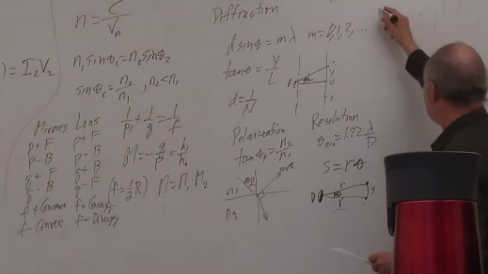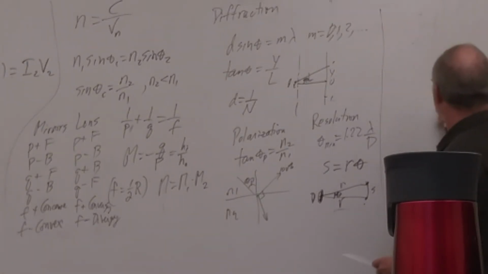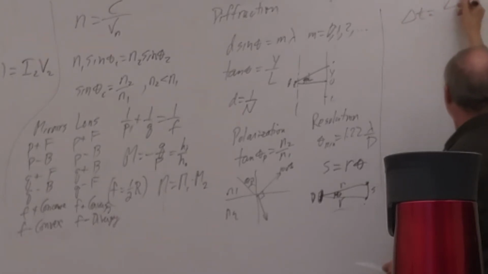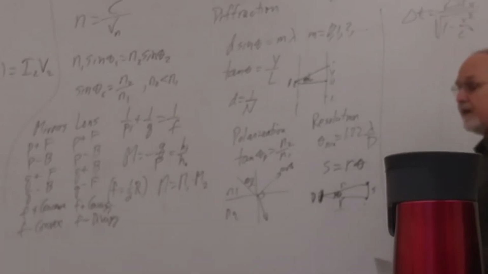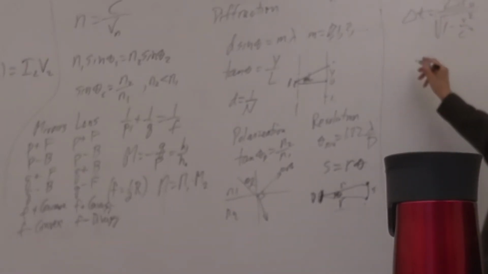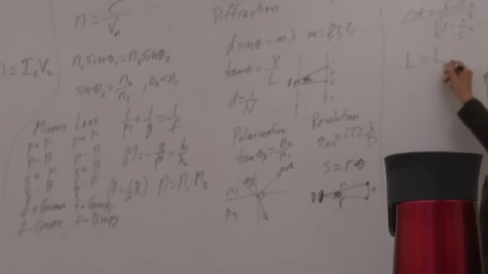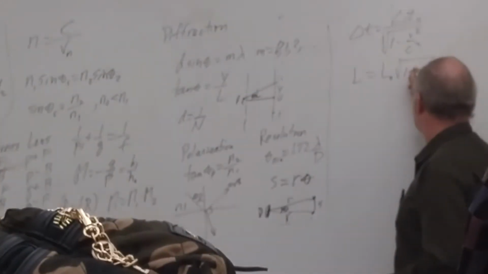For chapter 36 on relativity, time dilation: delta T is delta T naught over the square root. Length contraction: L equals L naught times the root.